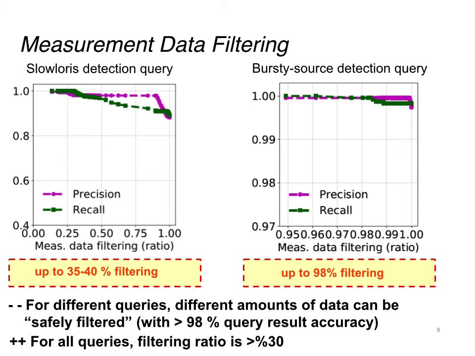The amount of data that can be safely filtered out depends on the query type. However, for all the queries we experimented with, at least 30% of the data can be safely filtered out.